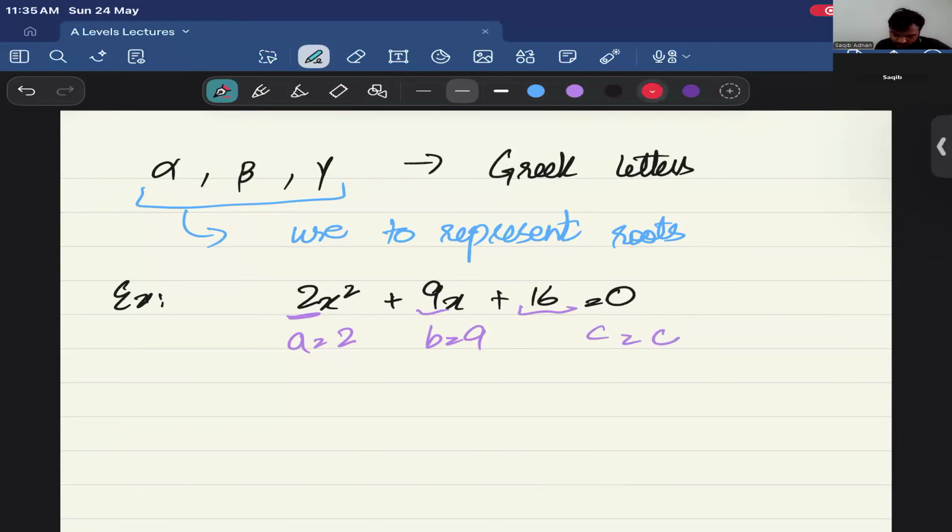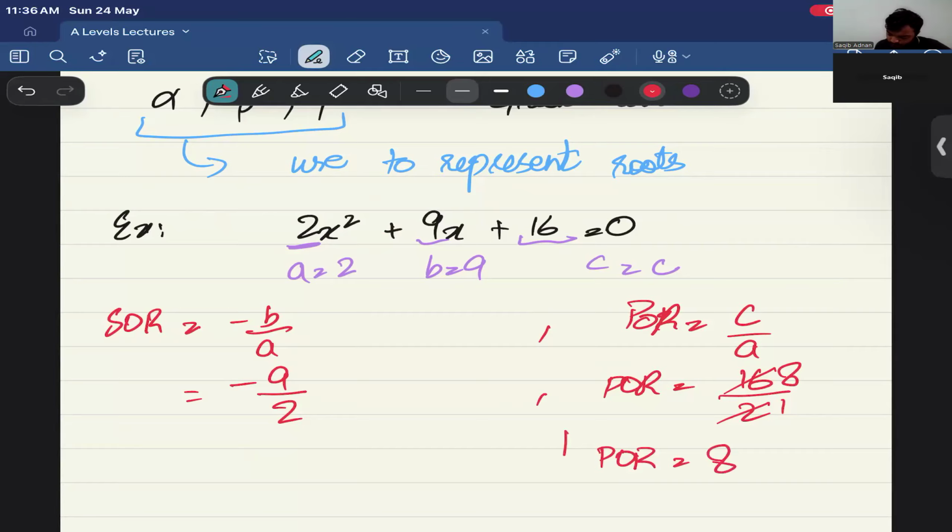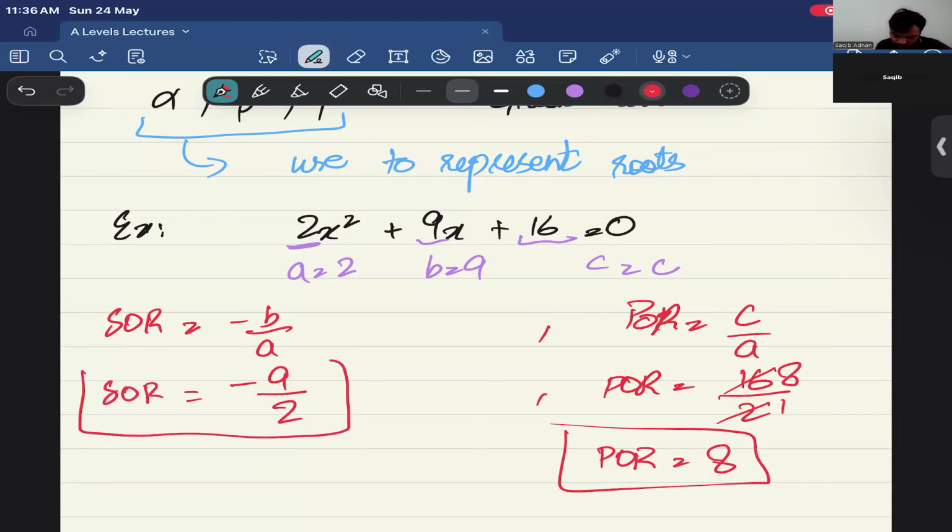If I have to find SOR, SOR is equal to minus b upon a, and POR is equal to c upon a. Minus 9 upon 2, and POR is equal to 16 upon 2, which can be simplified to 8. So here I got the POR, product of roots, is equal to 8, and SOR is equal to minus 9 upon 2. Okay.